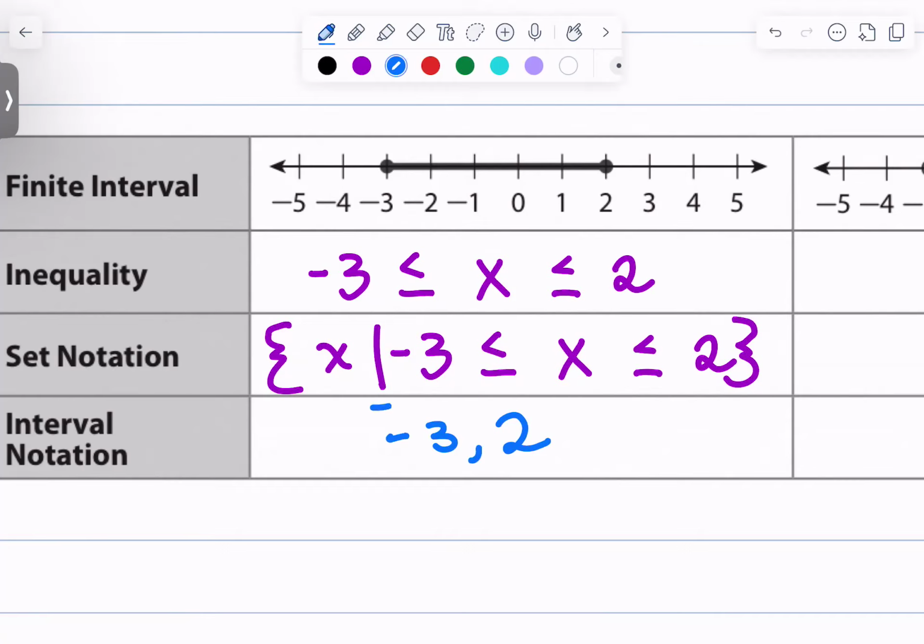Included, because it can equal -3. So I'm going to use a bracket. At 2, included or excluded? Included, so it's a bracket. So it's bracket, -3, comma 2, bracket.